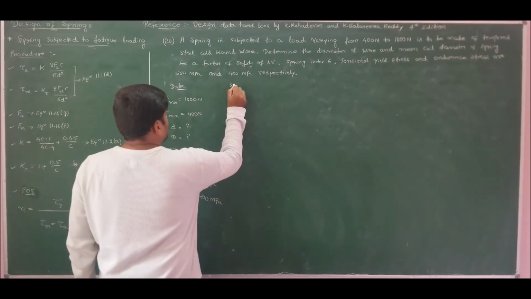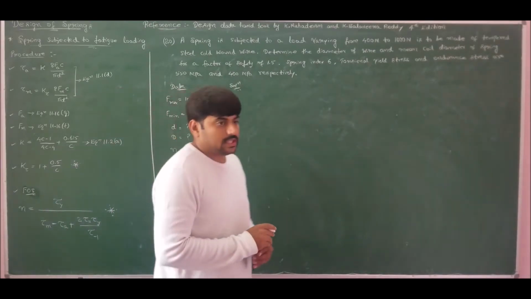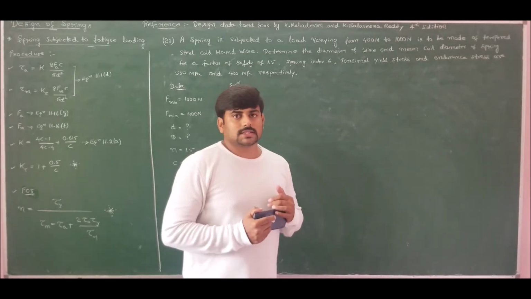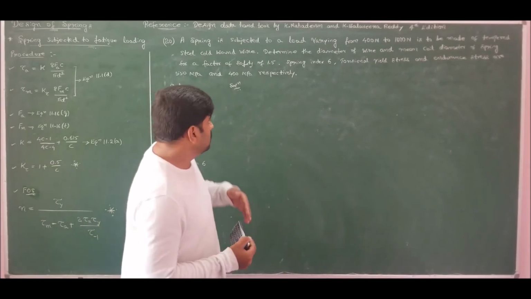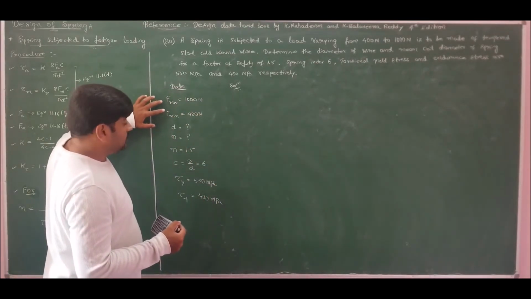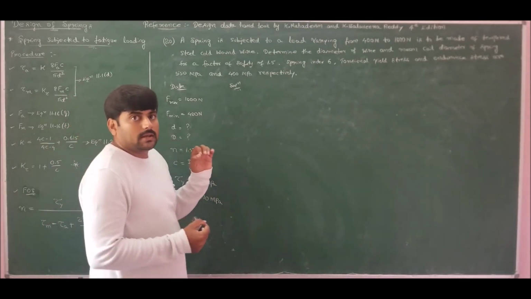Now applying the procedure suggested by A.M. Wahl, who gave the Wahl's correction factor considering the effect of torsional stress and direct stress on a compression spring. By knowing maximum and minimum forces, I can find amplitude force and mean force.